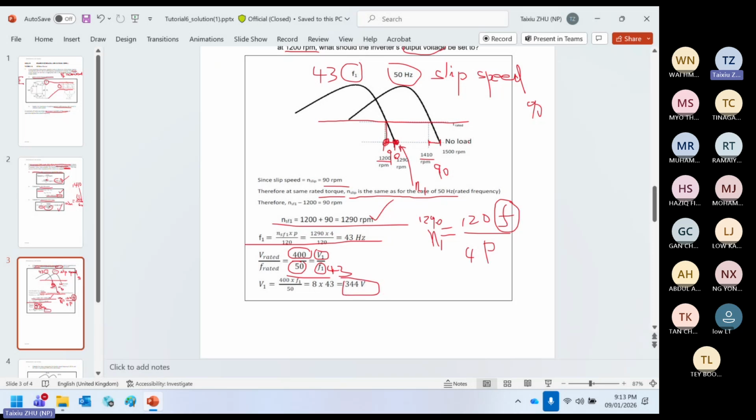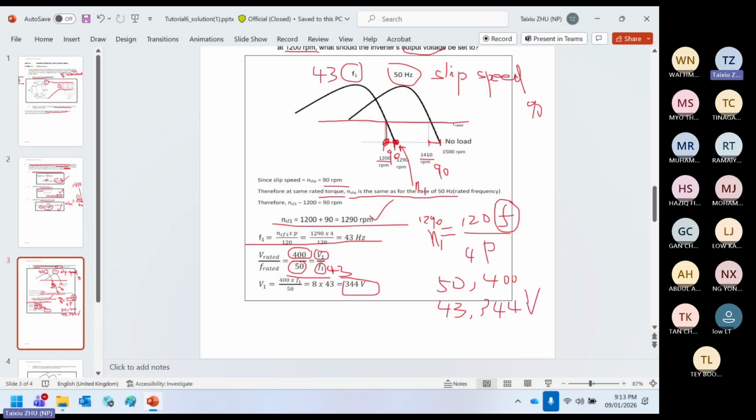Now, interesting. At 50 hertz, you need voltage 400 volts, right? Now you want to slow down the motor, you lower the frequency to 43 hertz. Then how much is the line voltage? 344. Okay, the problem solved.